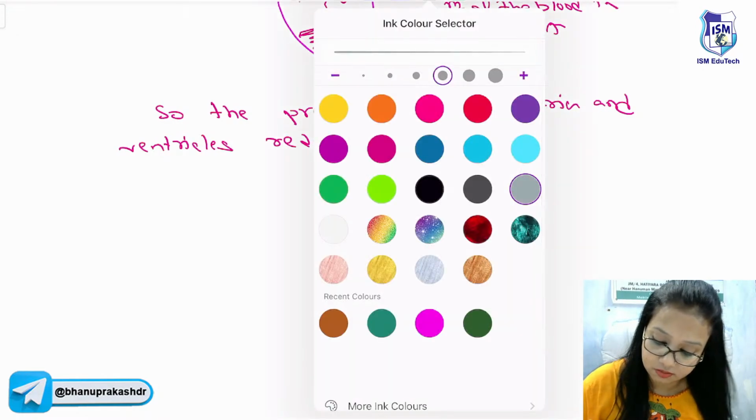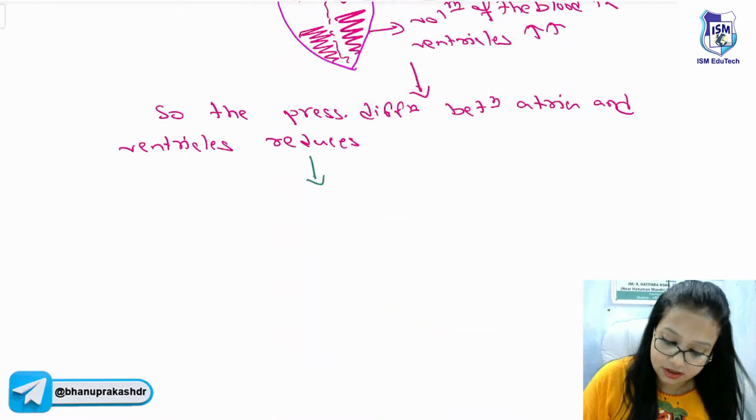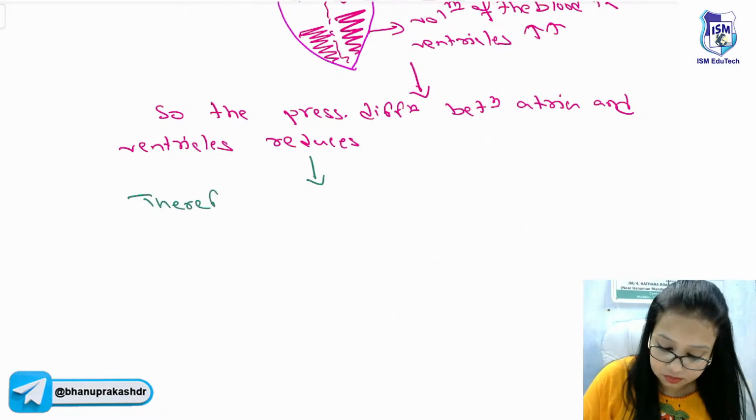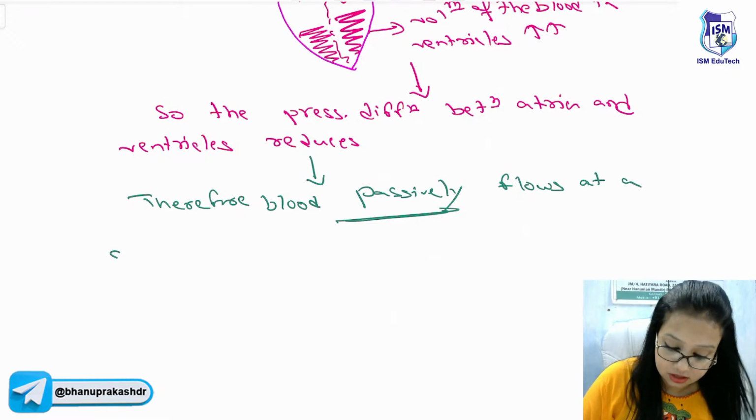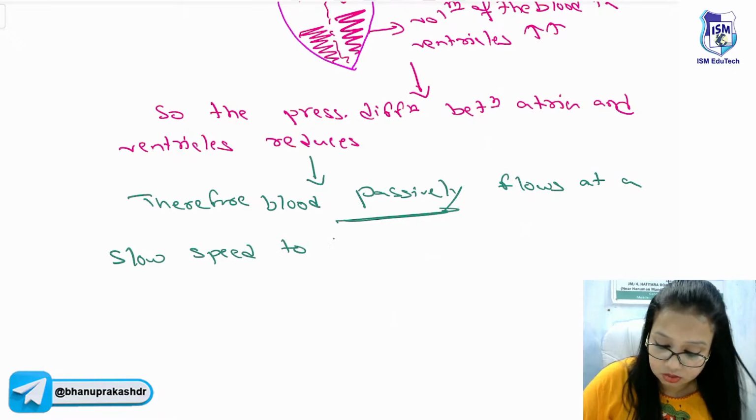Therefore, blood here also passively flows at a slow speed to the ventricles.